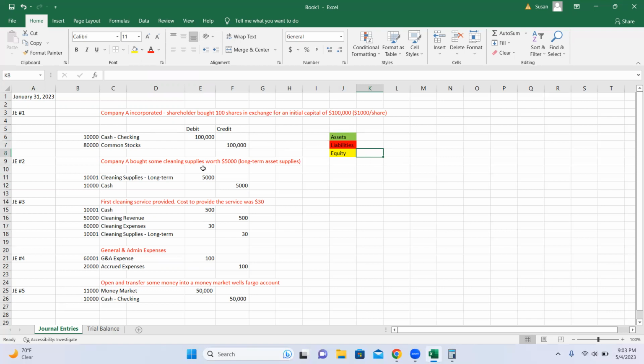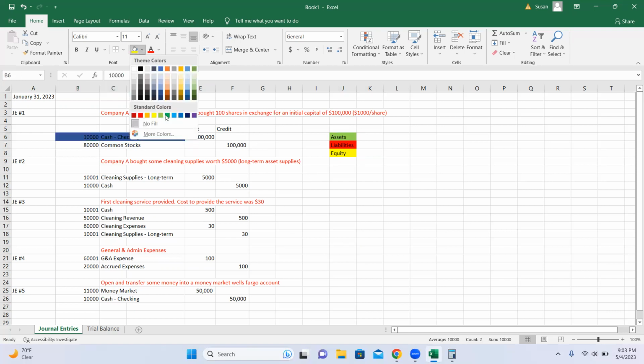So as we go through each of these buckets, I will help you identify if they are an asset, a liability, or an equity. Cash is an asset because it's things that bring value to your company. And then common stock is an equity.